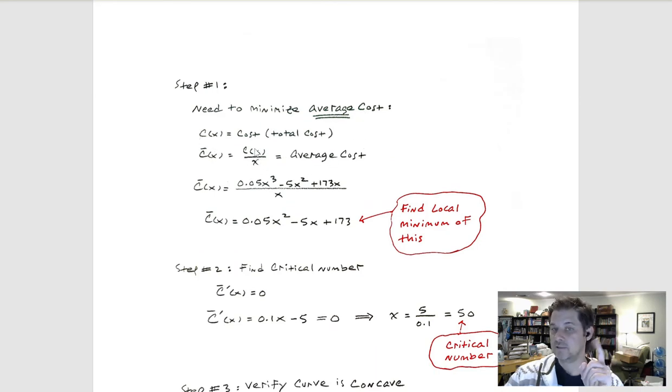Our notation for that is usually c with a bar over it. C means total cost. C bar means average cost.